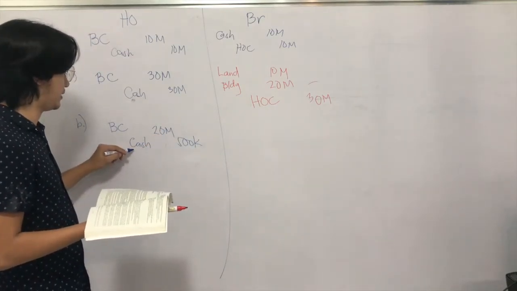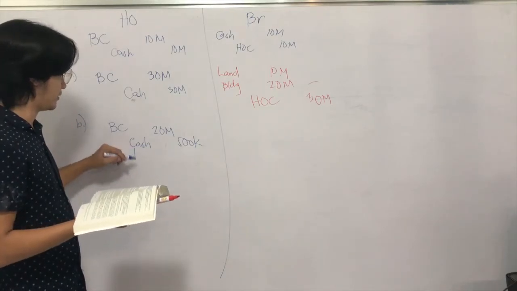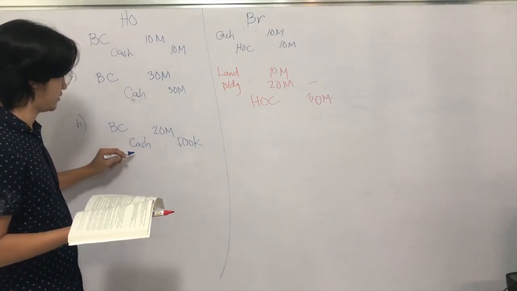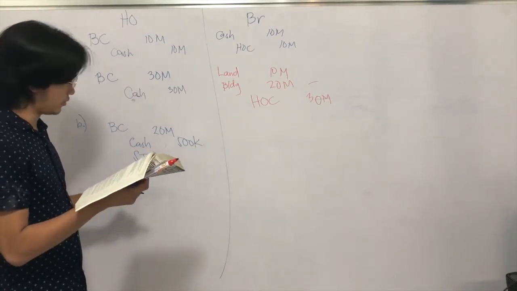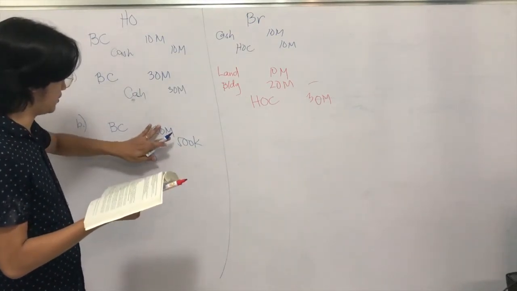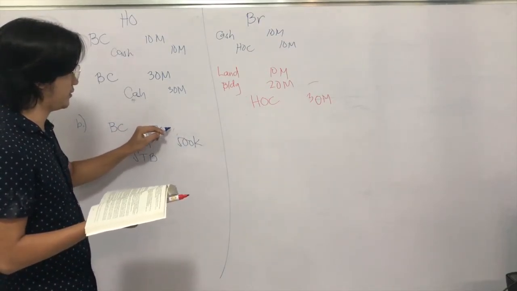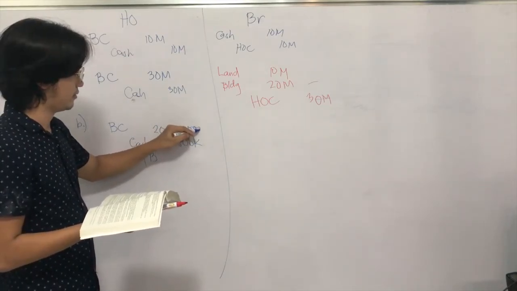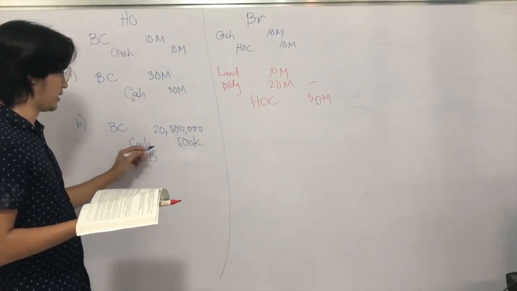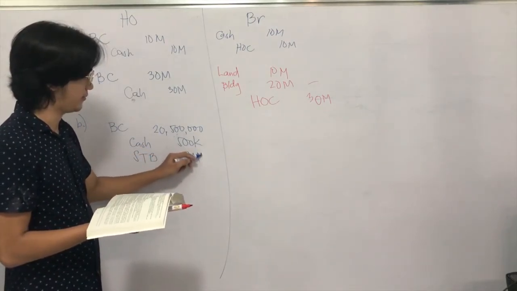And then finally credit home office, shipments to branch. Shipments to branch amounting to 20 million. Then credit cash 500,000, credit shipments to branch amounting to 20 million.